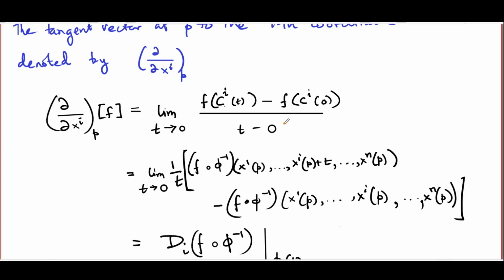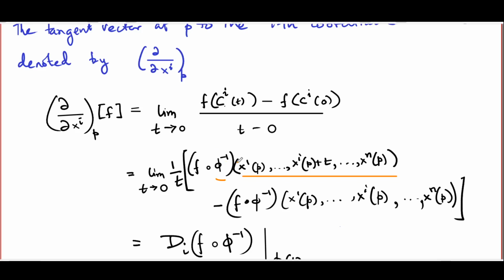Now, let me remind you once again that c_i of t is basically the point on the manifold whose coordinates are essentially the same as the coordinates of the point P, except that the ith coordinate has been changed by t. So it's the point given by phi inverse of this bunch of coordinates, x^1(P), x^2(P), all of them stay the same.